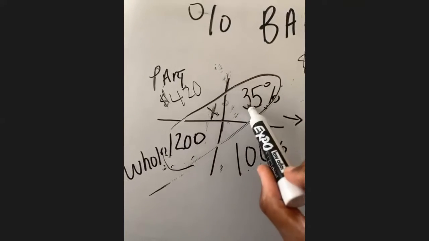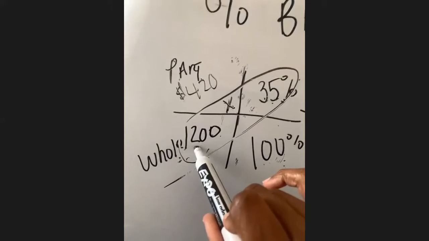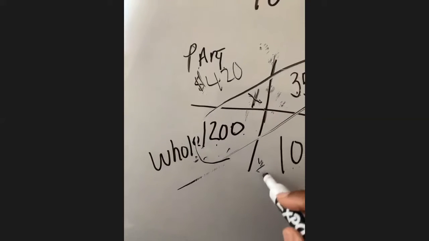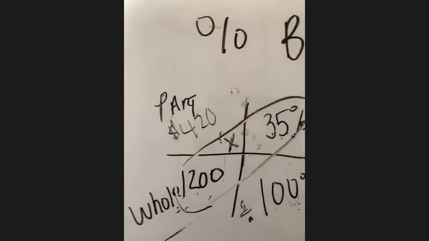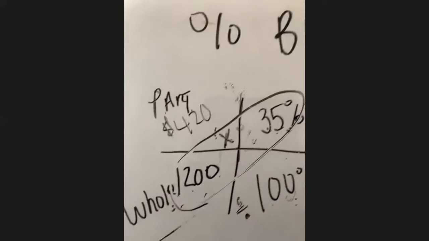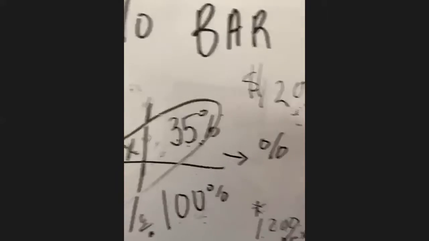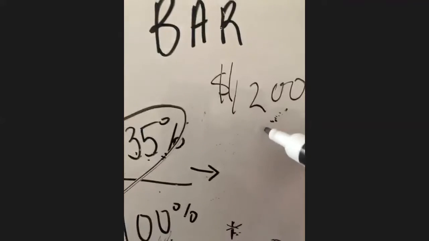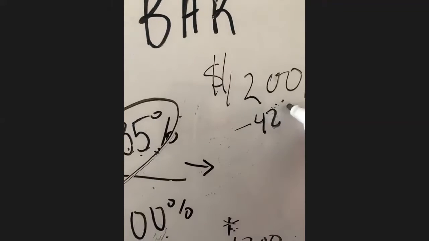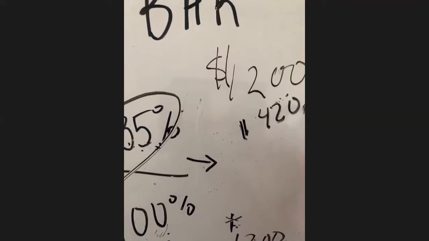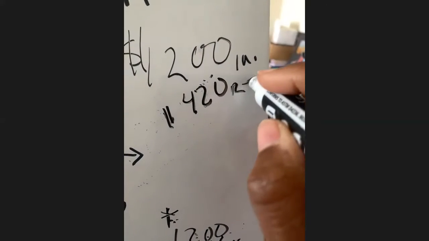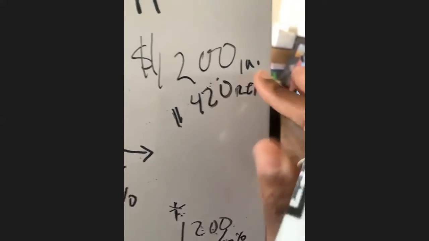So you could take 35 times 1,200, and then divide it by 100, and then it would give you 420. Okay? All right, so now what do we know? That for rent, out of the 1,200, it's 420. Okay, 420 for rent. We'll just put rent right there.